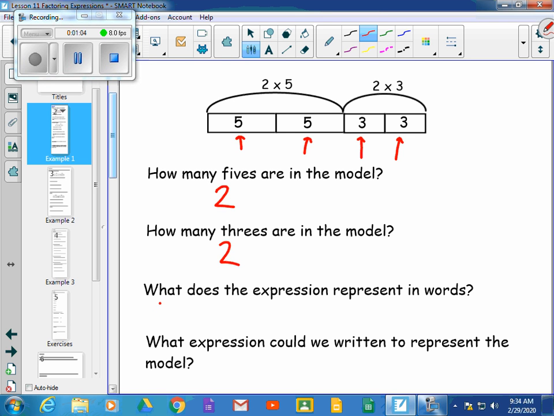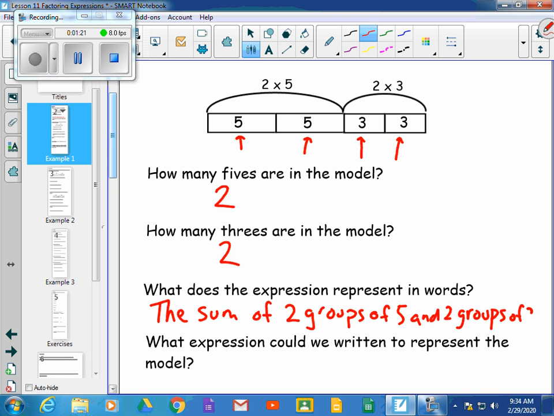So we could say that this model represents the sum of 2 groups of 5 and 2 groups of 3. We're adding, because we got them put together, 2 groups of 5, that would be the left 2 bars, and 2 groups of 3, the right 2 bars.